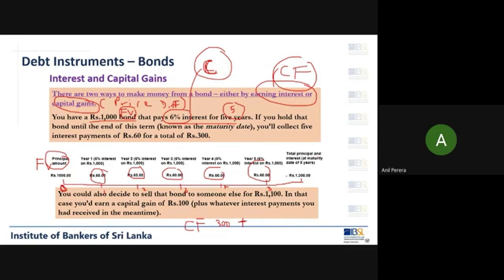So at the maturity, in addition to this 1000, you get another 300. So the total principal and interest at the maturity becomes 1300 at the end of the 5-year period. When the bond matures, you get 1300.